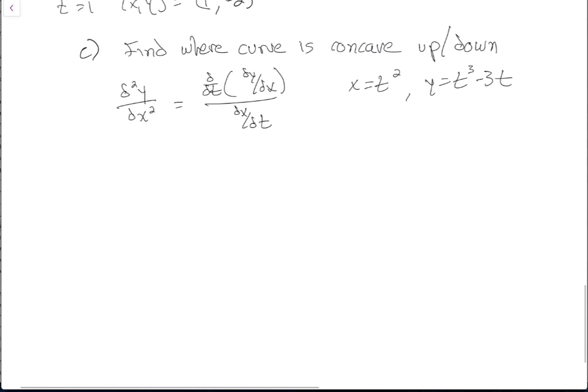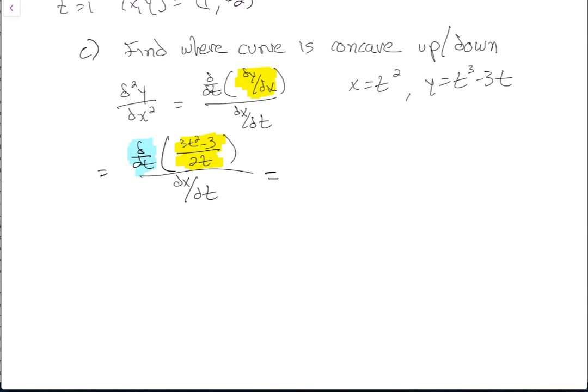So when we plug in to our second derivative formula, our dy/dx was dy/dt over dx/dt. The reason our formula has us finding the derivative with respect to t of dy/dx is that dy/dx is in terms of t. So when we're doing our second derivative, we have to be finding the derivative with respect to t of dy/dx because it is in terms of t.